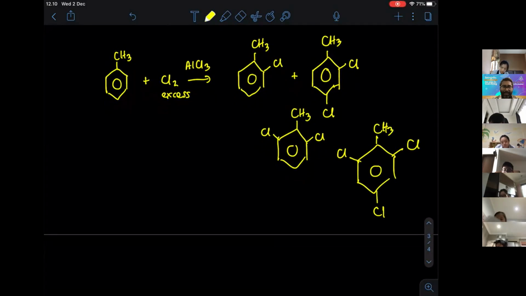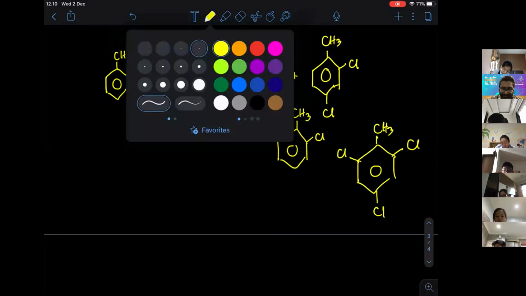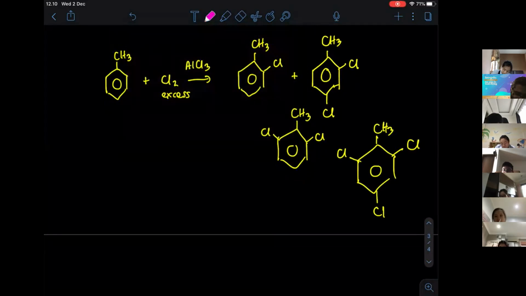So if I change this to become NO2, things will be different. If I have NO2, I will not get Cl at position number 2. I will get the Cl maybe at position number 3.